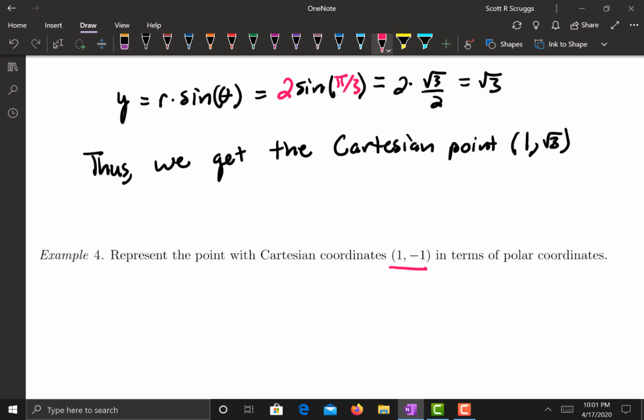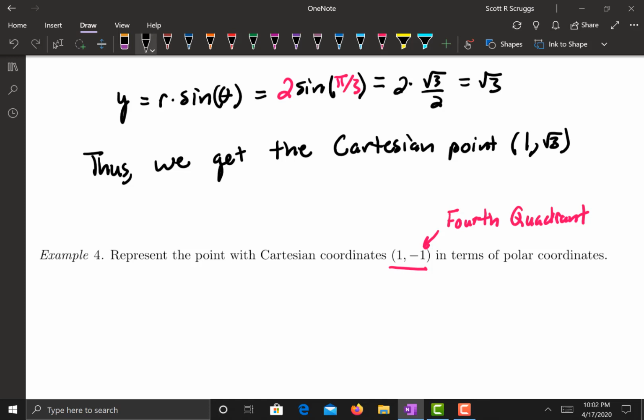Because my x value is positive and my y value is negative, that tells me that this point is in the 4th quadrant, meaning that whatever angle I get for the angular coordinate should be an angle that lands in the 4th quadrant.